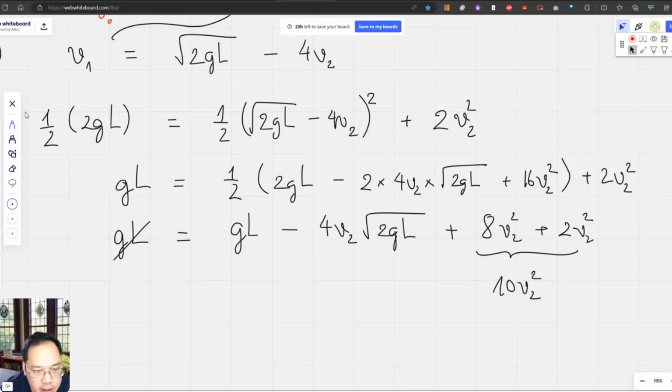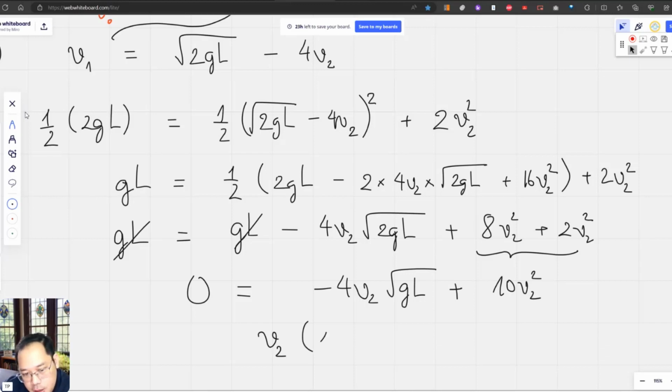Simplifying, equal to 0 on the left, minus 8 v2 times the square root of 2gL. Almost done. So v2 is a common factor: v2 times (10 v2 minus 8 square root of 2gL) equals 0.